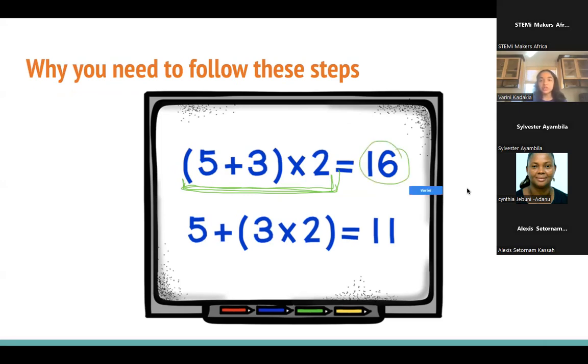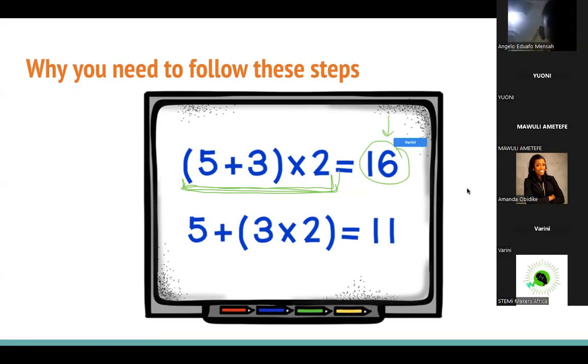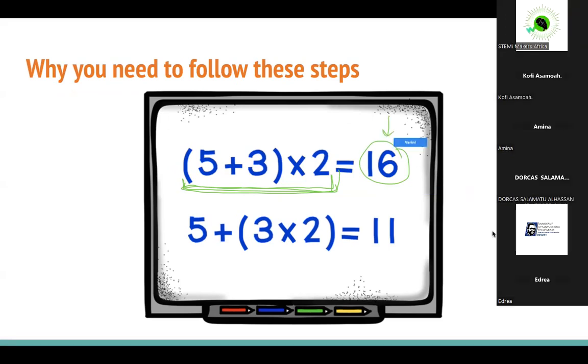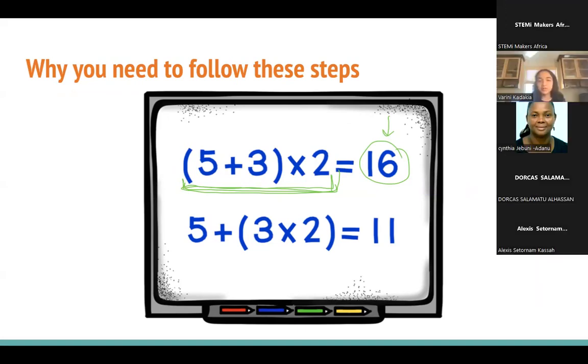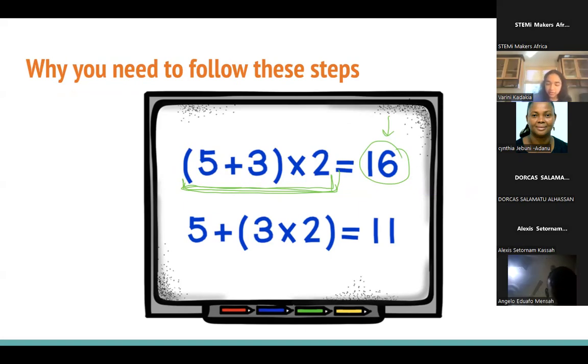Think PEMDAS, what is the first thing in PEMDAS? Or BODMAS, what's the first thing in BODMAS? We should add the values in the parentheses first. Yeah, that's correct. So we'll do 5 plus 3, so we'll get 8 times 2 equals 16. And what is 8 times 2? 16. Yeah, so then we get 16 equals 16.